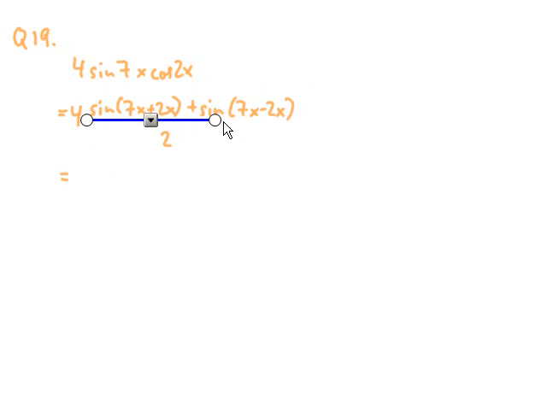And if I really wanted to, I could make that a proper fraction bar, and then 4 over 2 is 2, and then I'm going to have parentheses sine of 9x plus sine of 5x.